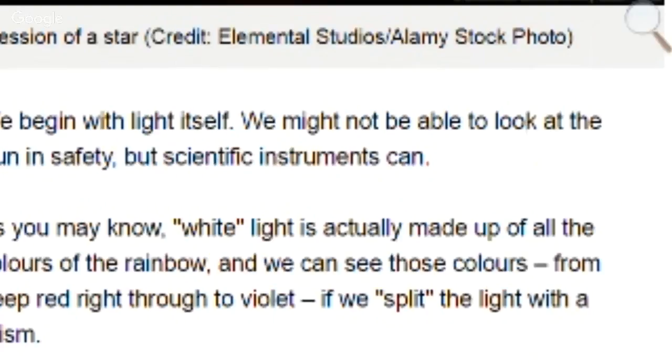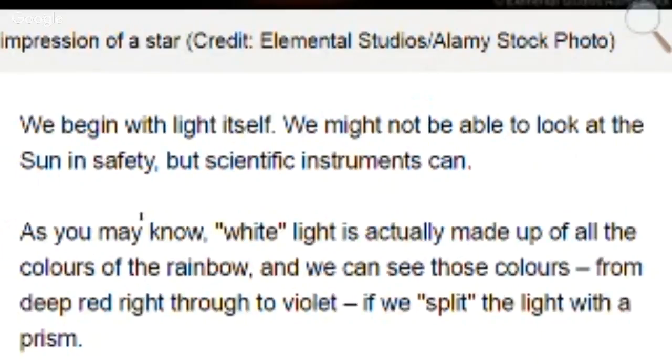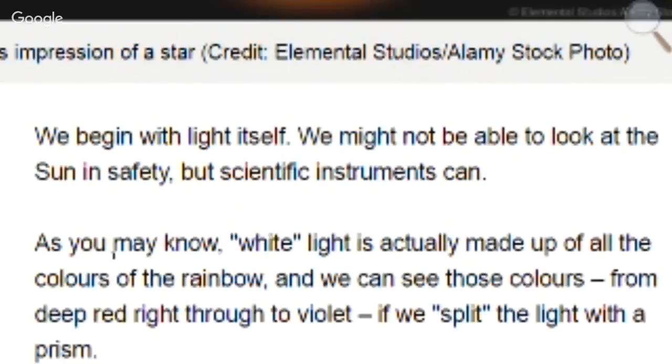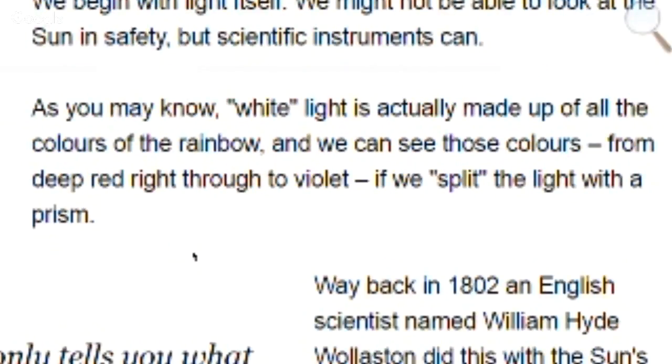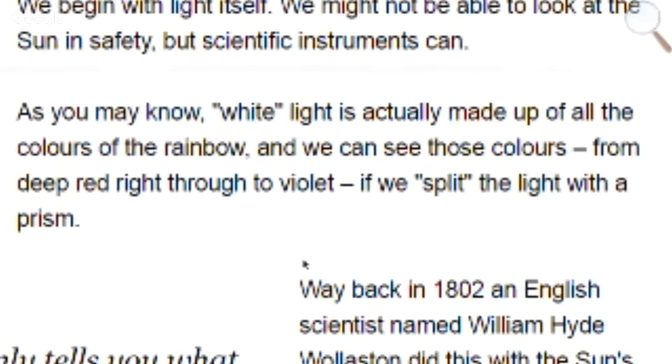As you know, white light is actually made up of all the colors of the rainbow, and we can see those colors from deep red through to violet if we split the light with a prism.